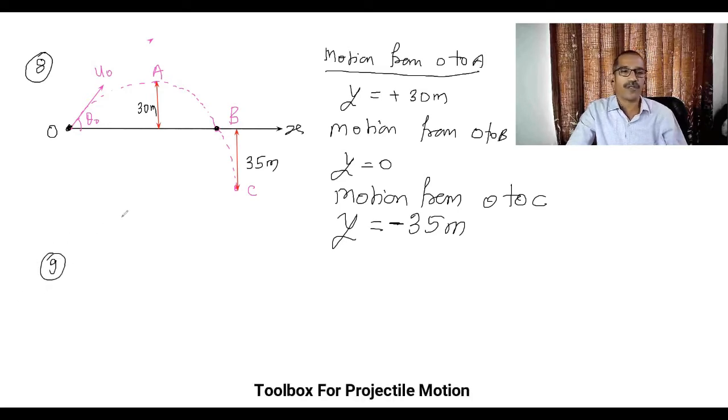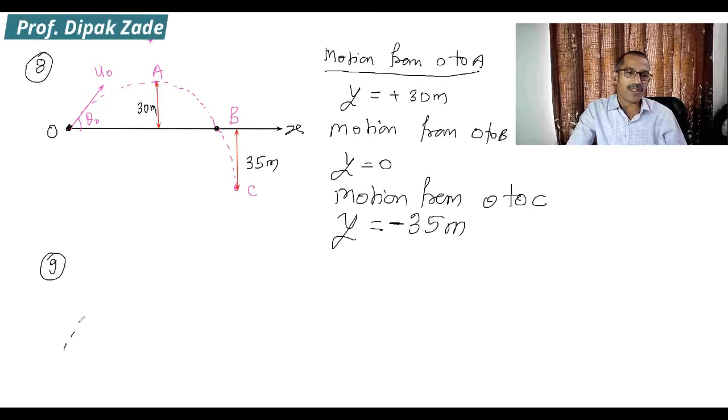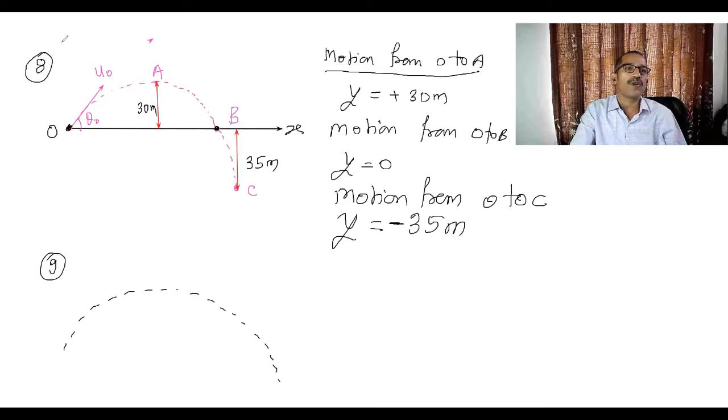The next important point is this. Suppose a path is given, say this one is the path traced by a projectile. Now we'll concentrate only on the vertical component of velocity. If we resolve the initial velocity, we get some vertical component of velocity.